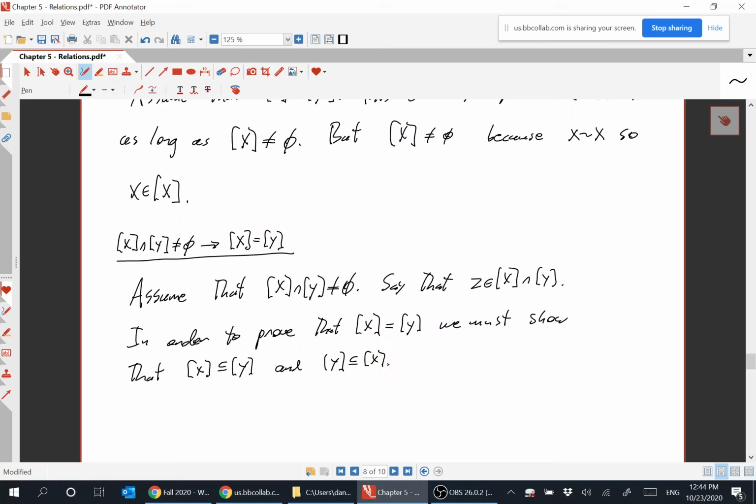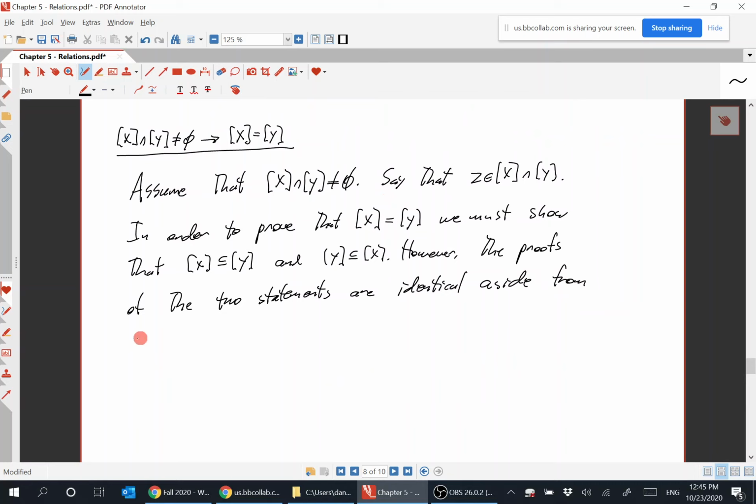However, they're the same proof. The two statements are identical aside from switching the roles of x and y.